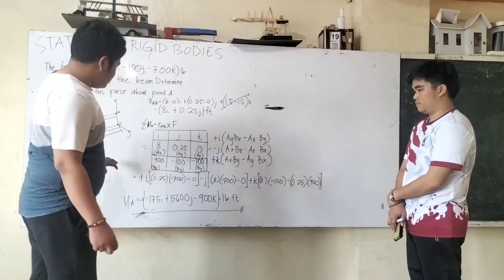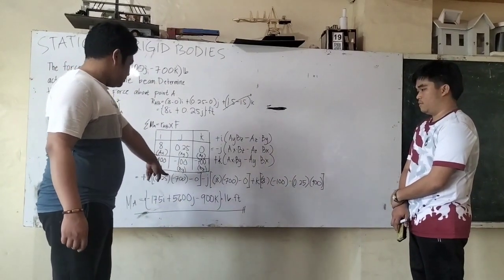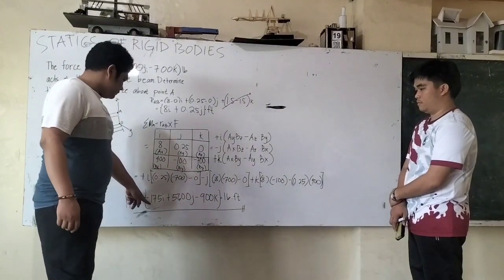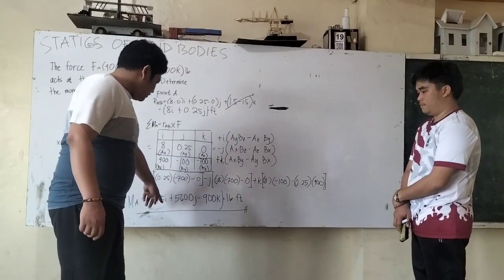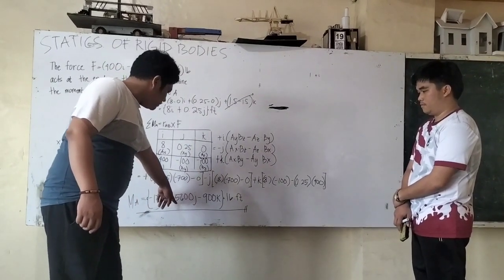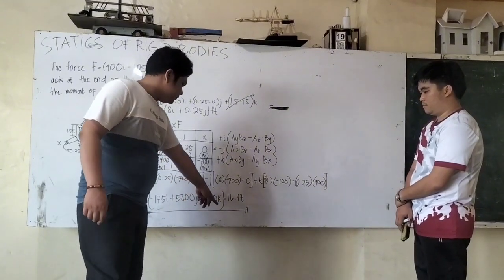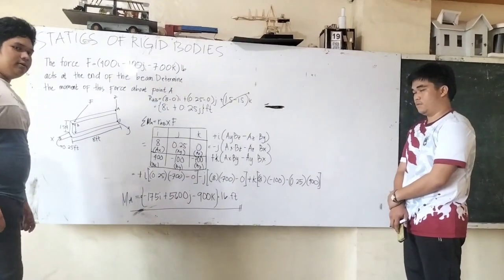And then we will just multiply each. So for i we have negative 175i, for j we have 5,600, and for k we have negative 900 pound-feet. And that is our moment.